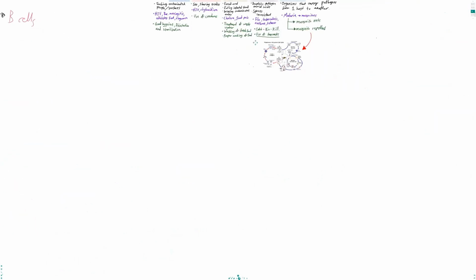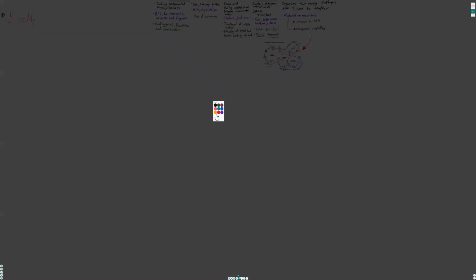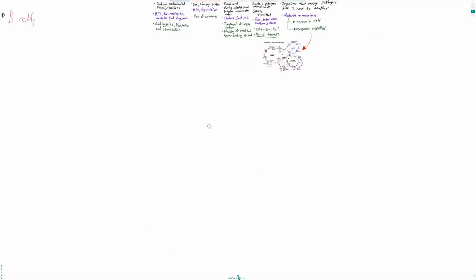So to make cells of the immune system, it all starts within the bone marrow. The bone marrow is where all immune cells are made, where all blood cells, in fact, are made.